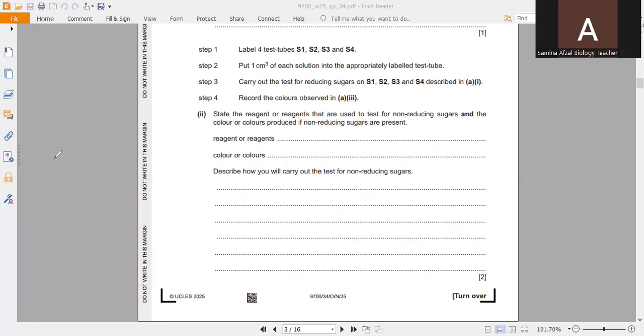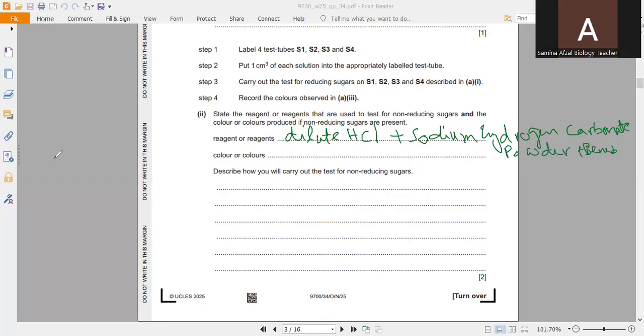So here the reagents are dilute hydrochloric acid, dilute HCl, plus the other one is sodium hydrogen carbonate powder, plus Benedict reagent.